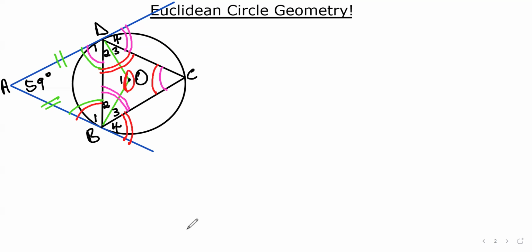We know that O is the center, which means OB is the radius of a circle. OD is the radius of a circle as well. And we know that a tangent is perpendicular to the radius. Which means that angle OBA, those two angles are 90 degrees.